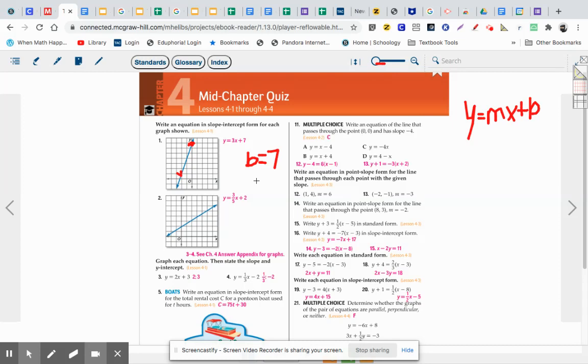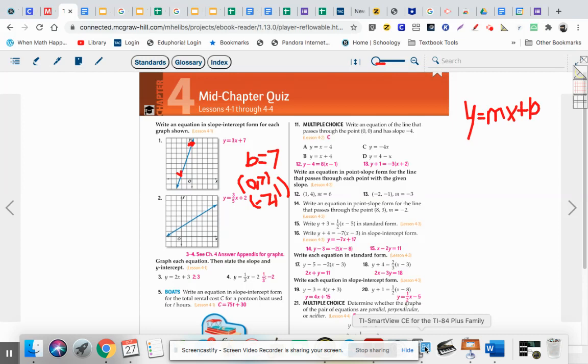I can take (0, 7) and (-2, 1), and get the slope from these two points.